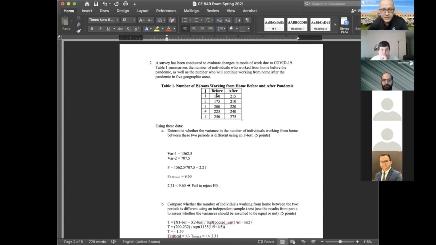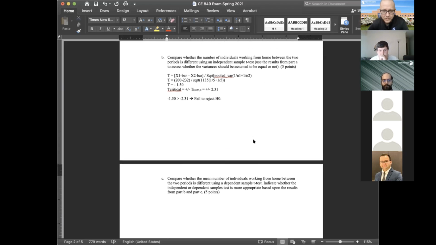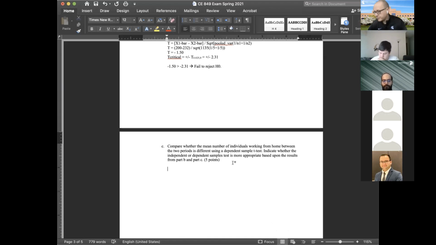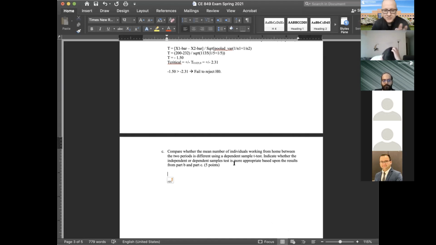And we do see that as the numbers increase across each of these sites, they also tend to increase during the after period as well. And so in this case, if we look at those differences, you'll recall our test statistic here is just X sub D bar divided by S sub D over the square root of N.